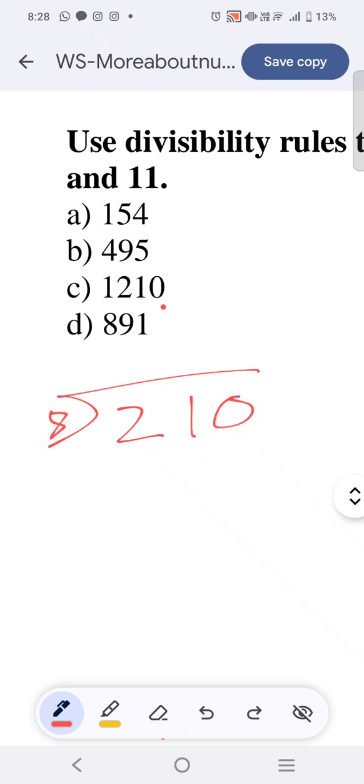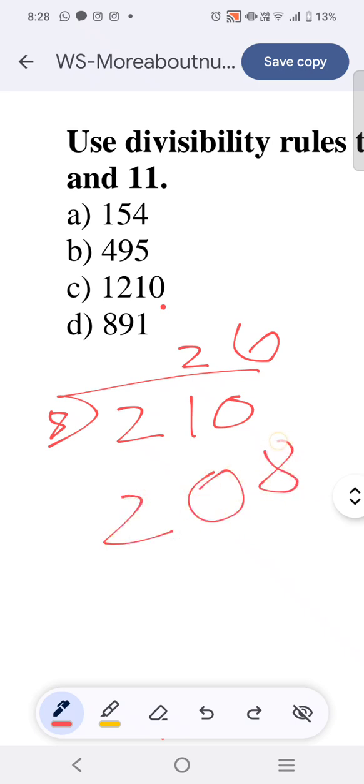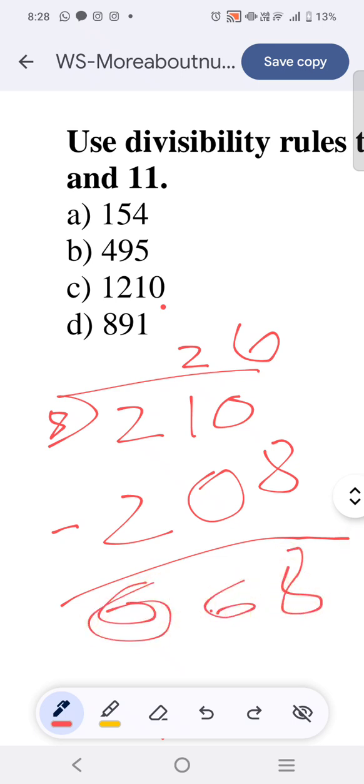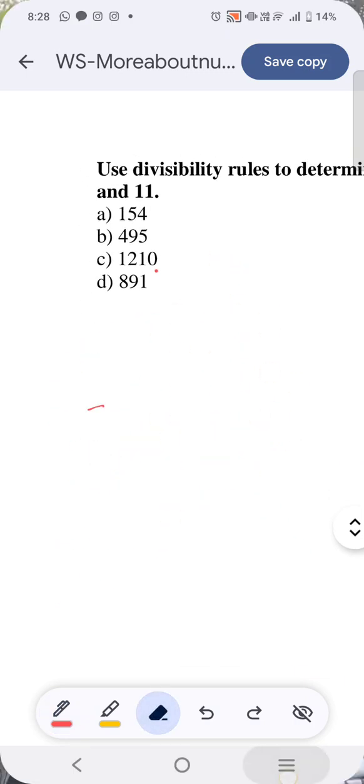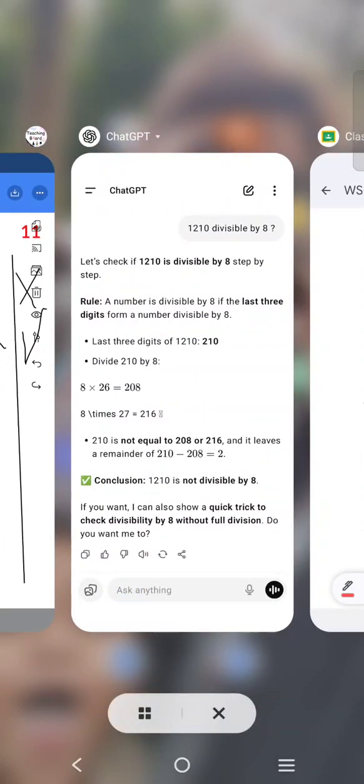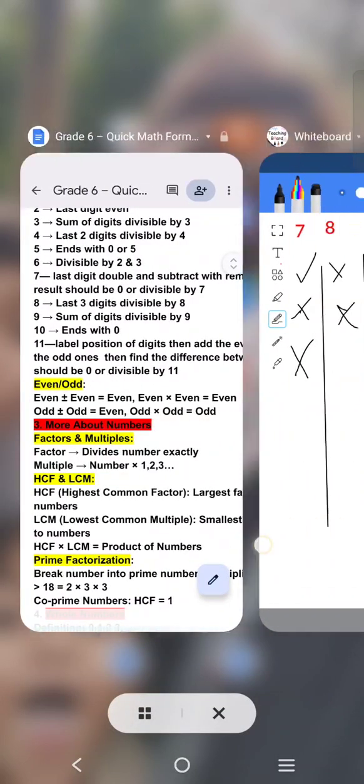Okay, now 8 26s are 208. When we subtract this number, so 008. This is the remainder now. 8 is the remainder. So this is also not completely divisible, so 1210 is not divisible by 8.